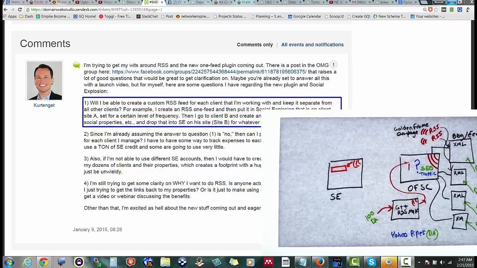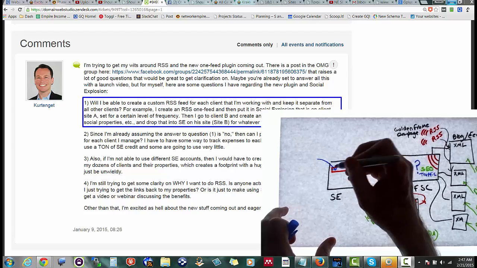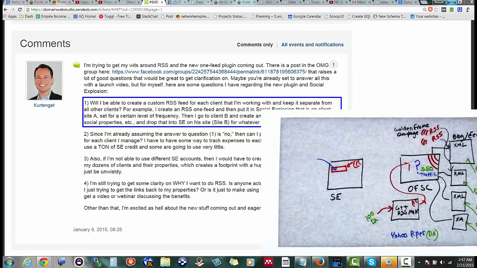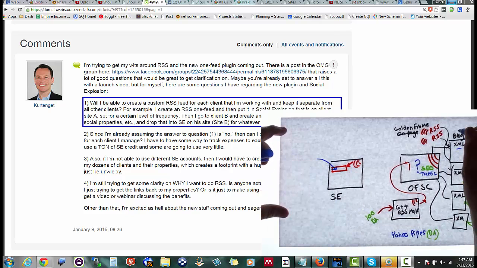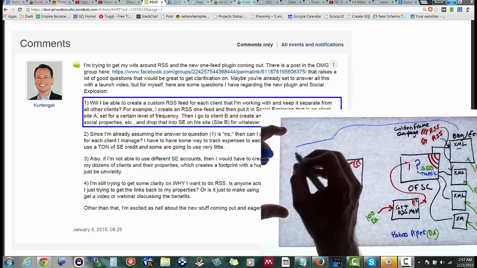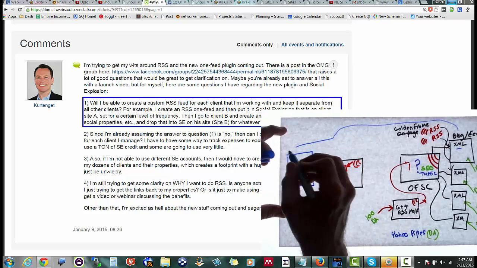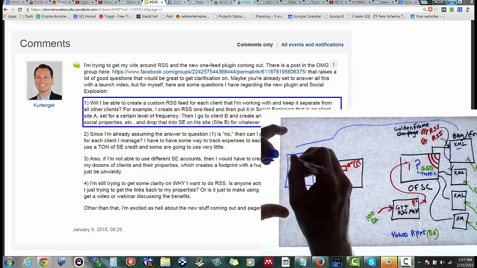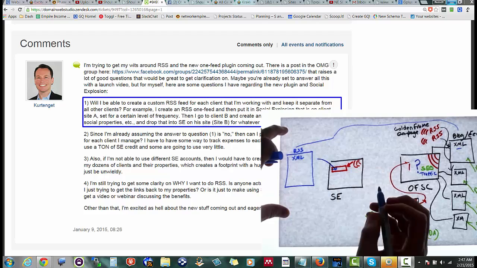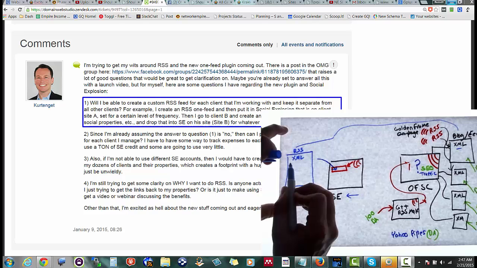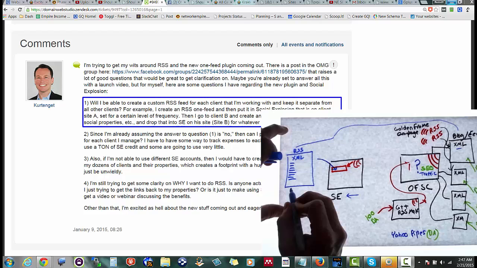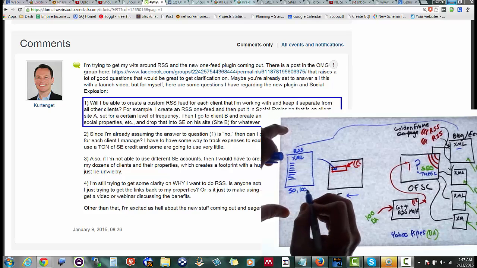Whatever feed goes into Social Explosion, what Social Explosion does is, if you have one of these XML pages, Social Explosion creates this XML. If you take an XML feed or an RSS feed and you put it inside Social Explosion, which is a credit-based token system, and you have your blog, remember you can set a blog to how many links you want in your RSS feed, whether it's 50, 100, or 200.